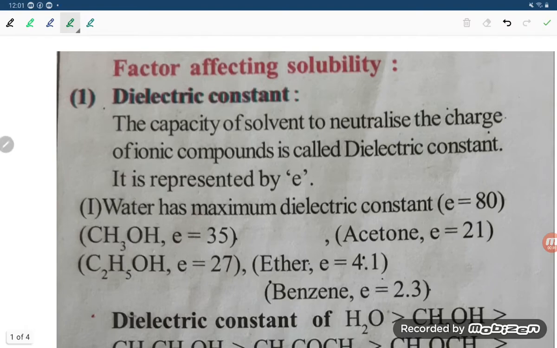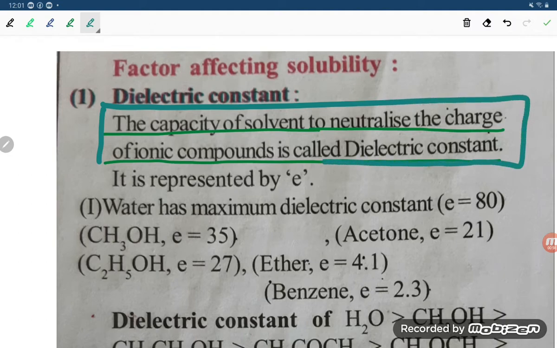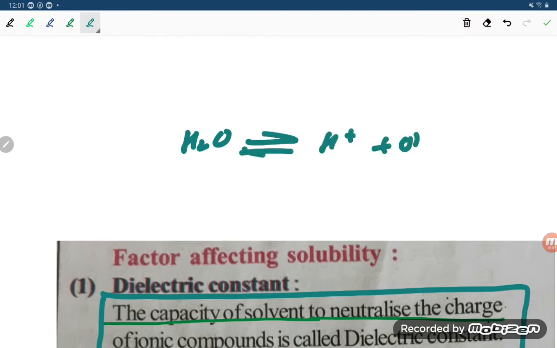The capacity of solvent to neutralize the charge of ionic compound is called dielectric constant. Again, try to understand, student, that it is the capacity of solvent to neutralize the charge of ionic compound. Whatever ionic compound you are putting in the water, suppose I am taking water, it is present in the form of H plus ion and OH minus ion.